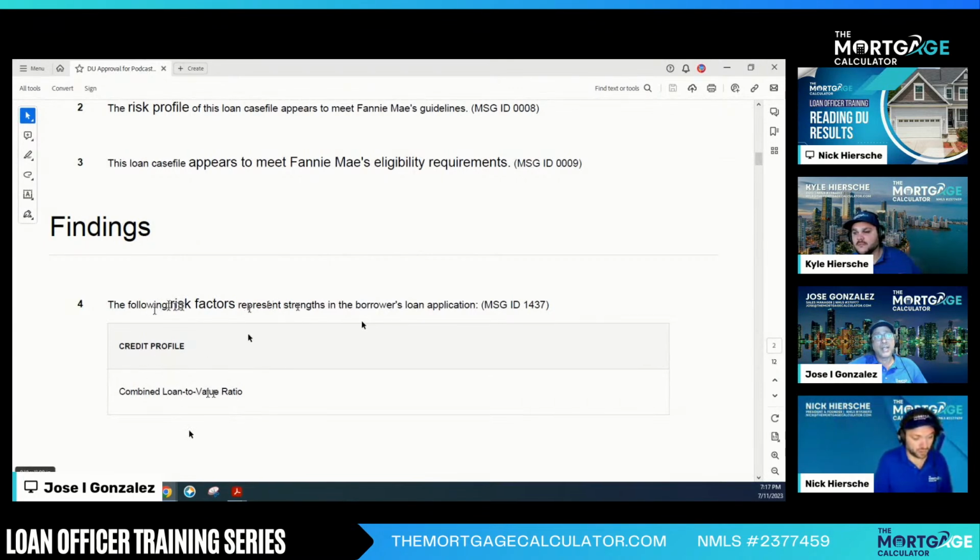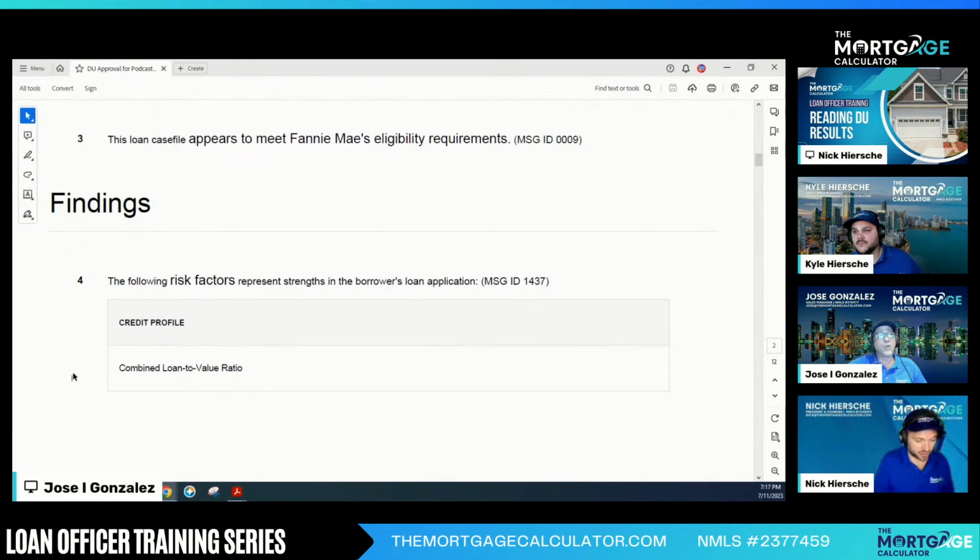It'll give you a little message for you to look for, and then you just have to go through all of the different sections and the findings. But this is where it tries to highlight what is the strength. So in my customer's case, credit profile was good, combined loan to value ratio nice and low, also a nice strength there.